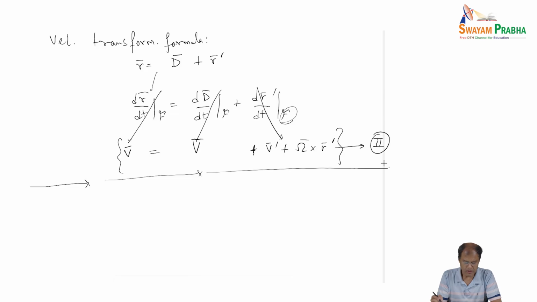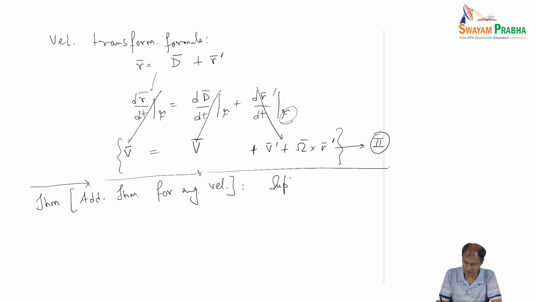The third result is the so-called addition theorem for angular velocity. This is very similar to the theorem that we saw for the true velocity, or result 1. I will state it in the form of a theorem.